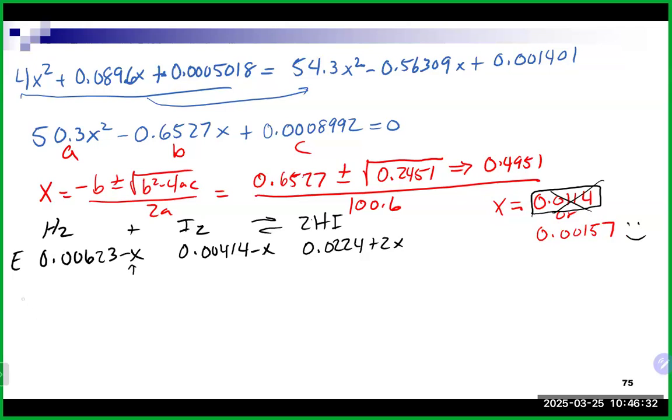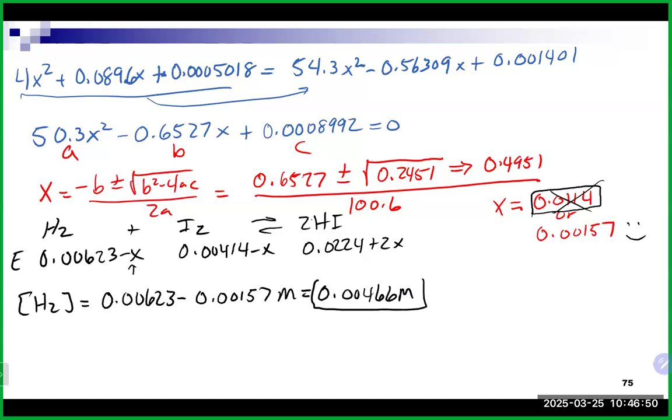And that means we can now put it into here. So our H2 will equal 0.00623 minus X, 0.00157. And that's going to give us 0.00466 molar.